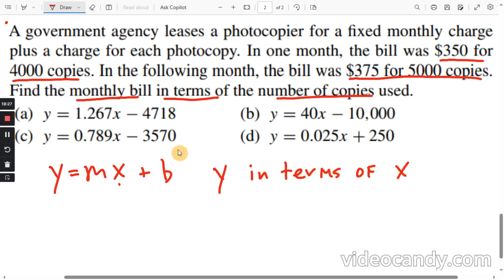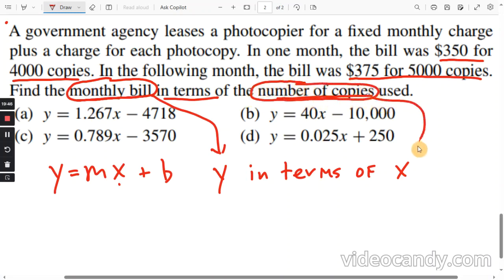All right, so we want the monthly bill in terms of number of copies. So the monthly bill is going to be the y, and the number of copies here is going to be the x.